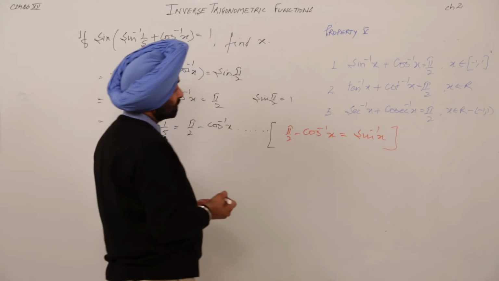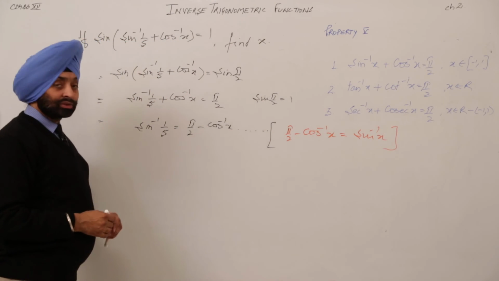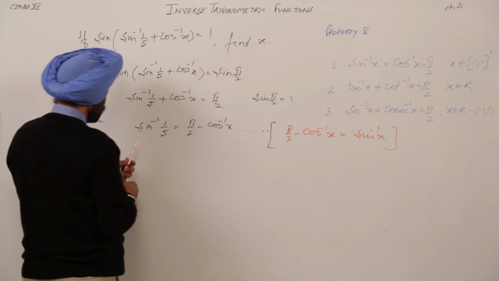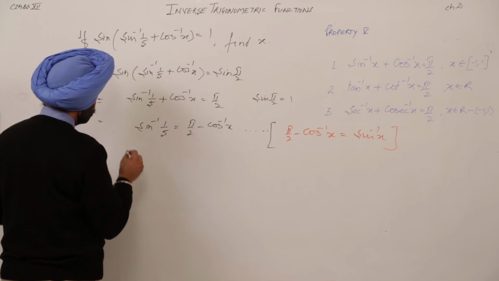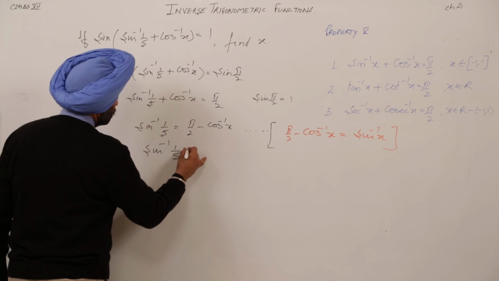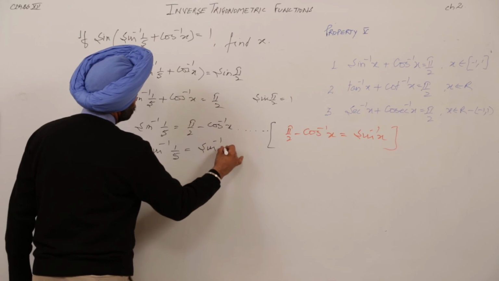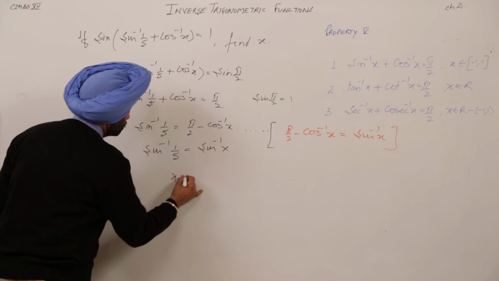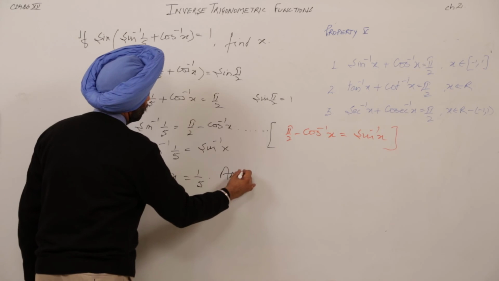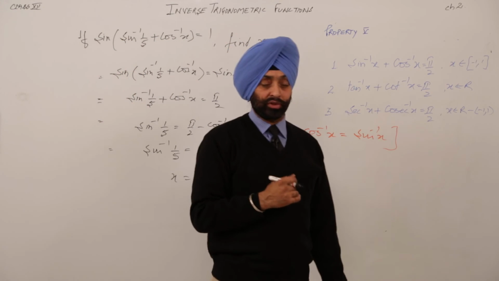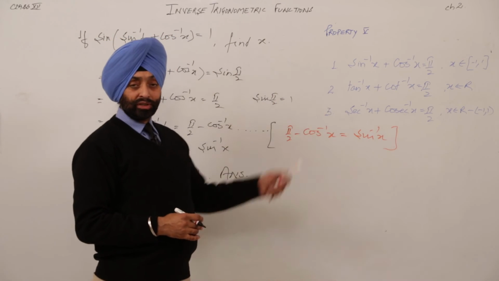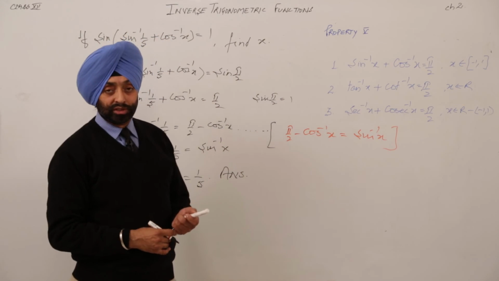So using the first property, pi by 2 minus cos inverse x is equal to sin inverse x. So sin inverse 1 by 5 is equal to sin inverse x, which means x is 1 by 5, and this is your answer. A very simple question based on these properties. Similarly we can have a lot of questions based on these properties, and from time to time we are going to solve such questions.